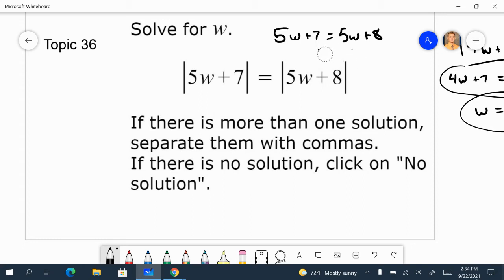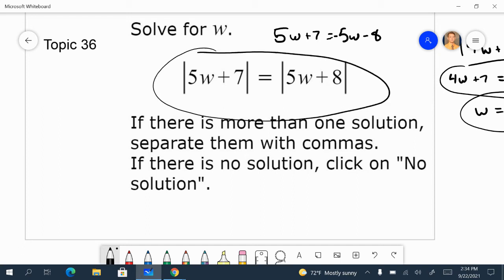Now, if you run across a problem like this, you can still run a negative through the other side. So this would be like a negative 5W minus 8. Now you're going to be able to get a solution. So you'll get one solution for those. You're not going to get multiple. So again, just quickly, you're going to make two equations with this. One of them, you're just going to drop the absolute value symbols.